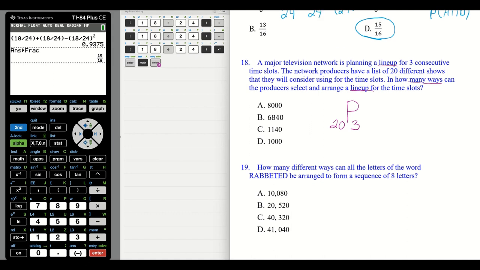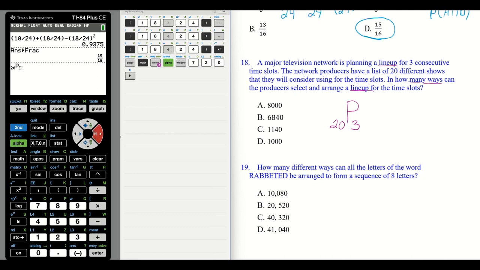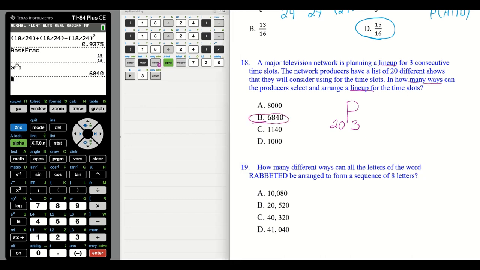So let's put this in our calculator. Alpha window 7, we have a total of 20 outcomes, and 3 out of 20, enter, and that would be option B.